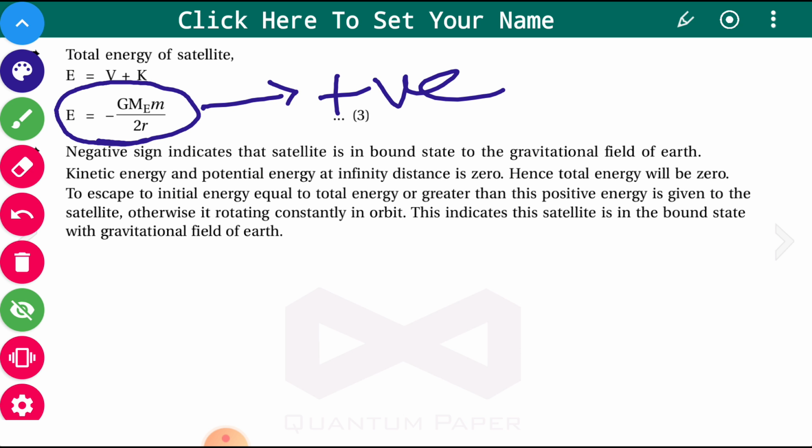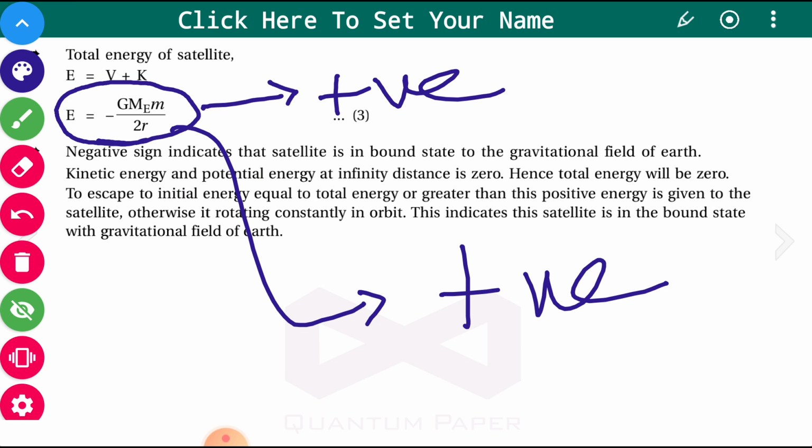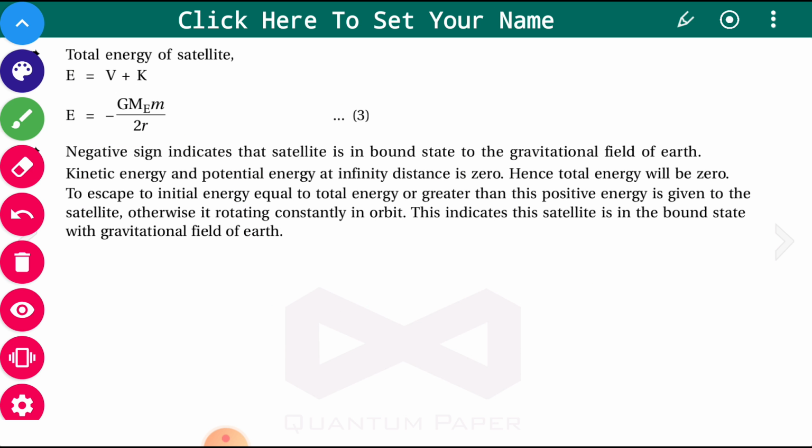Then the satellite will escape from the gravitational field of the earth. Otherwise the satellite is not going to go out of the gravitational field of the earth, and it will constantly rotate in the orbit. This indicates the satellite is in a bound state with the gravitational field of the earth.